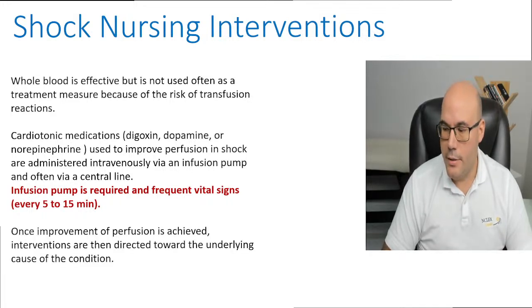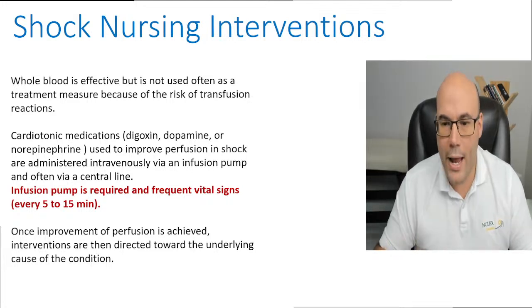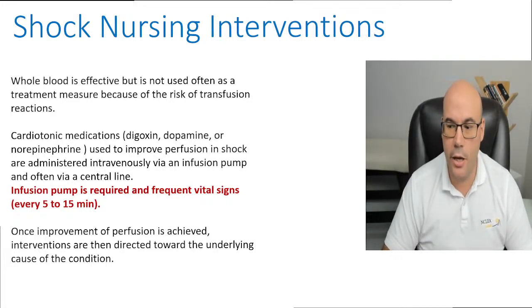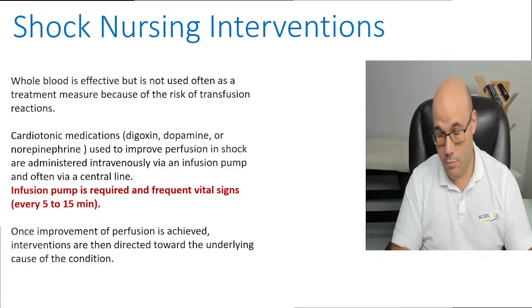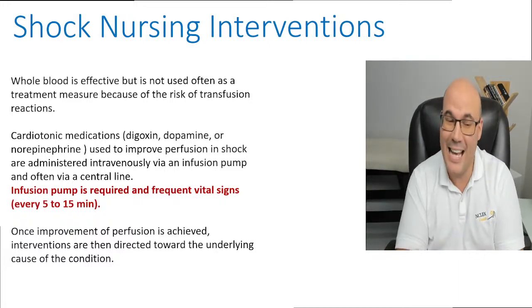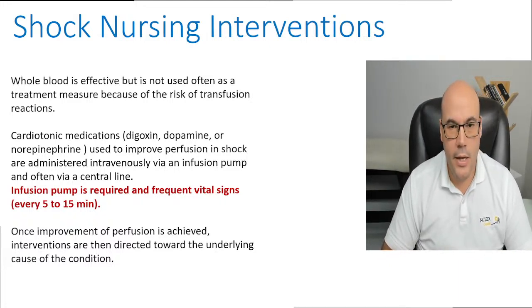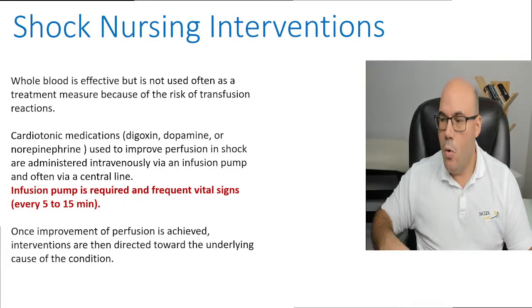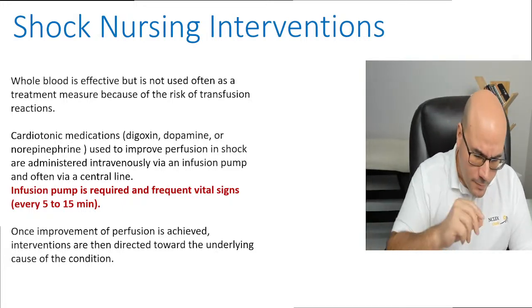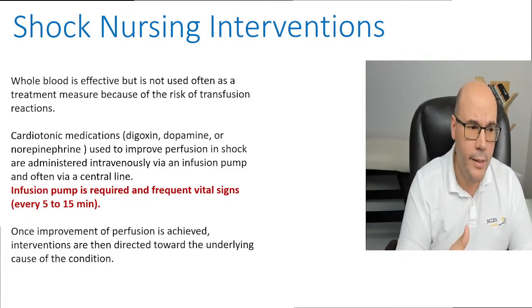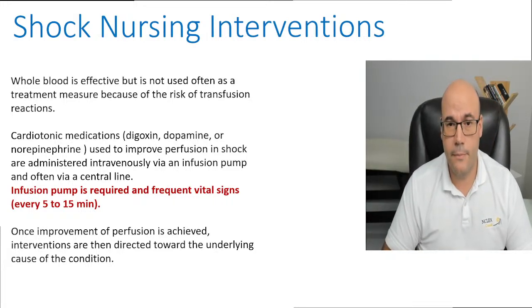So once the required perfusion is achieved, then the interventions are going to be directed towards the underlying condition. An excellent example of this is a question on the NCLEX on a patient with septic shock. And they're asking, what is the priority nursing intervention?